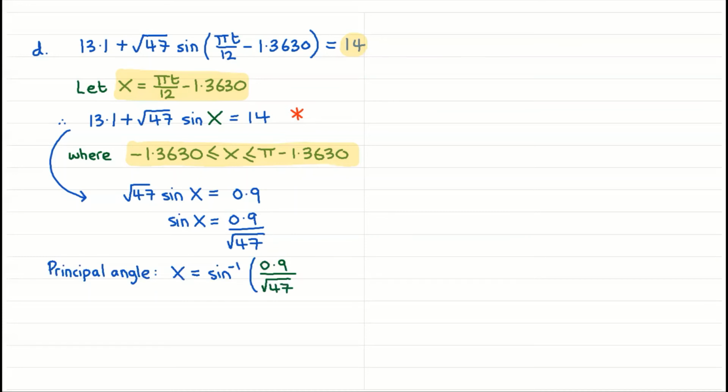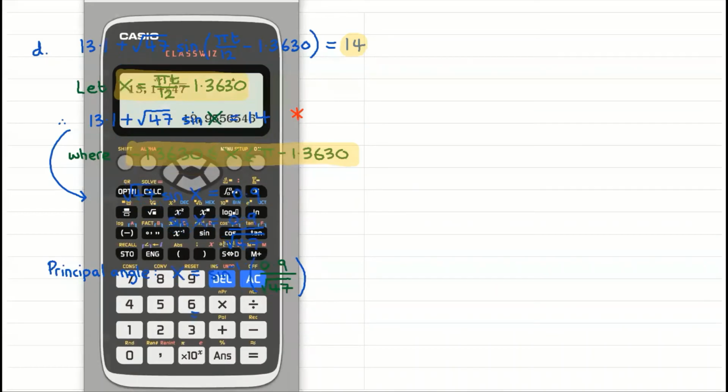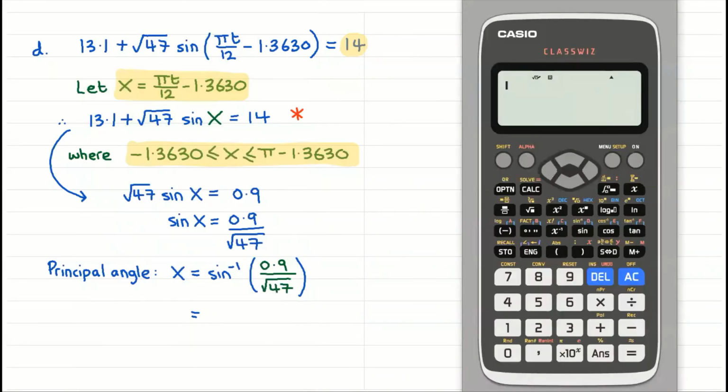And we'll close those brackets. So let's plug all this into our calculator. Let's move the calculator over. It's got a bit more space. So we do the inverse sine, 0.9, divide that by the square root of 47, and close the bracket.